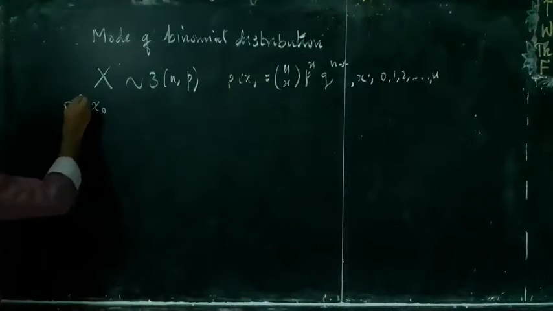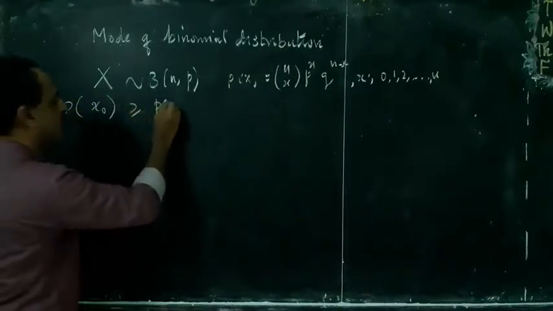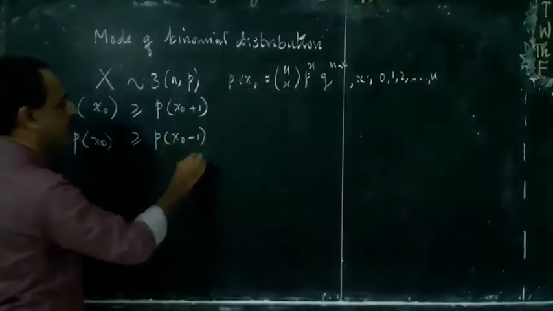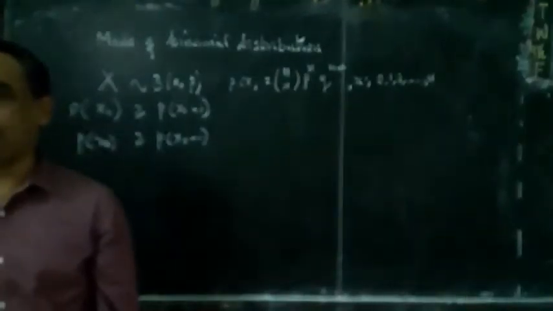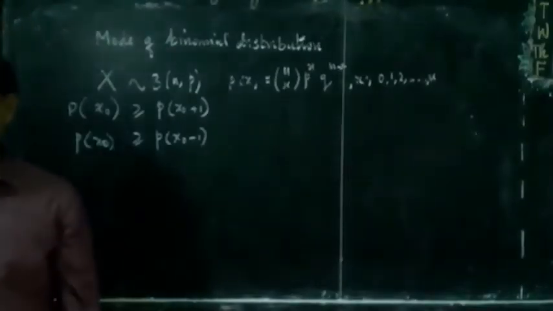So P of x0 has to be maximum so that mode occurs at x0. Therefore, we consider two equations, P of x0 is greater than or equal to P of x0 plus 1 and P of x0 is greater than or equal to P of x0 minus 1. This means that preceding and succeeding values of x0 have lesser probabilities than the probability at x0.